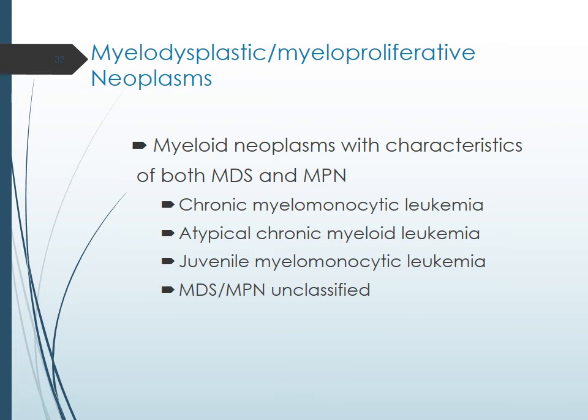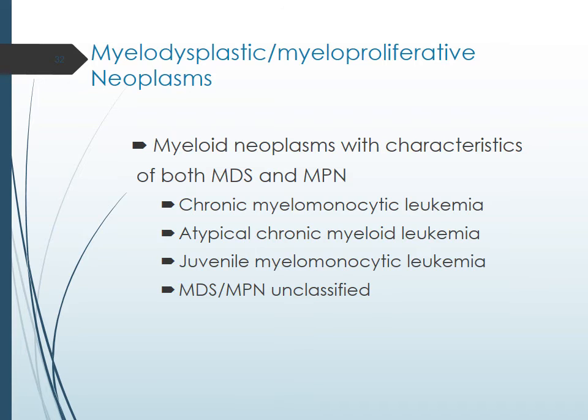So let's move on to the group that we call the myelodysplastic/myeloproliferative neoplasms. These include myeloid neoplasms with clinical, laboratory, and morphologic features that are characteristic of both MDS and myeloproliferative neoplasms.